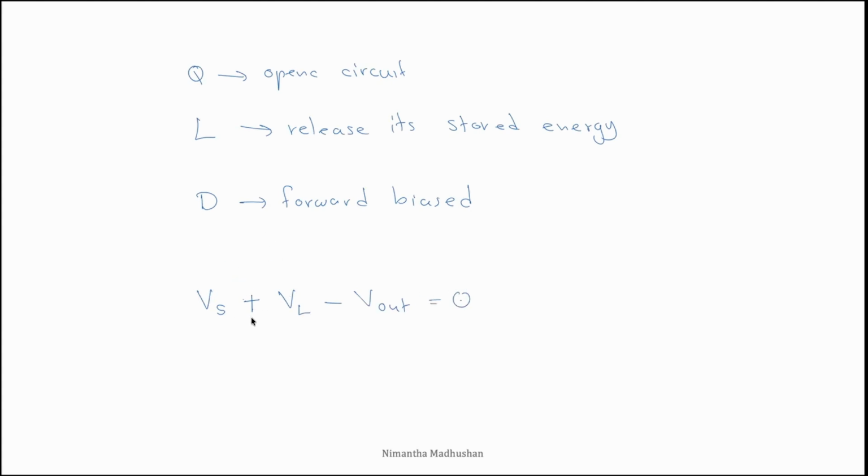We can write Vs plus VL minus Vout equals 0 according to KVL.